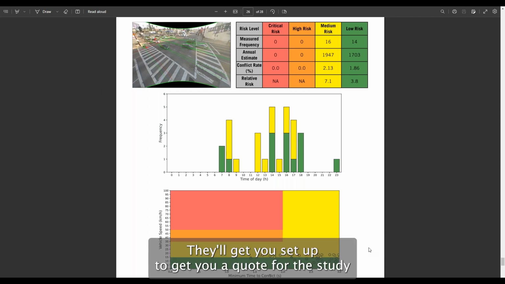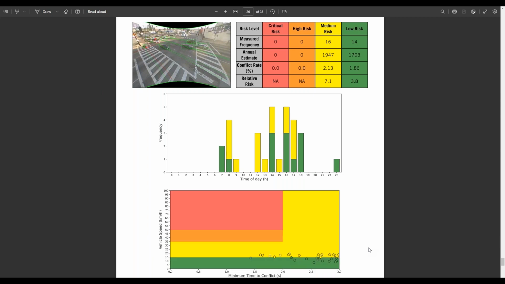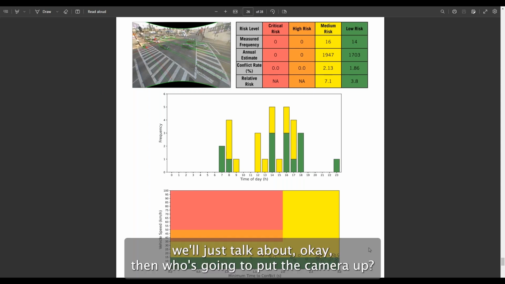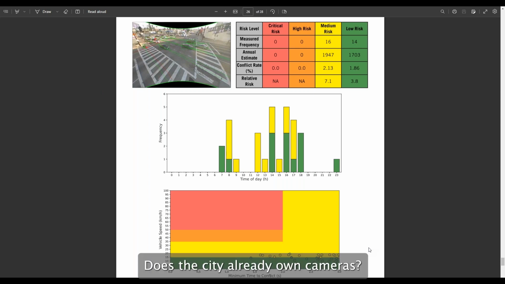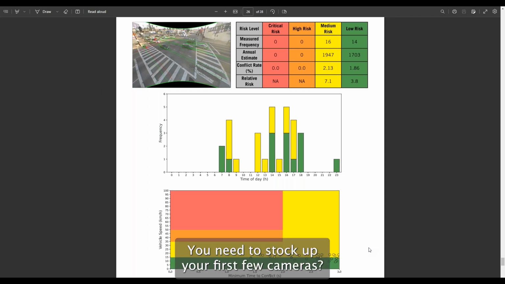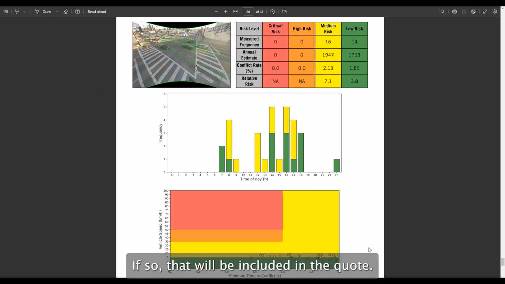They'll get you a quote for the study, and we will provide a camera placement plan, and we'll talk about who's going to put the camera up. Does the city already own cameras? Do you need to stock up your first few cameras? If so, that'll be included in the quote.